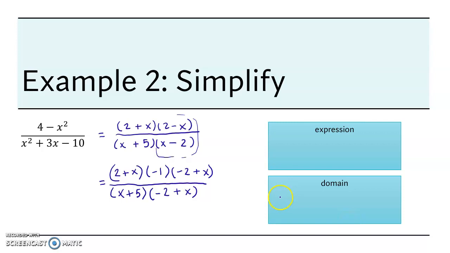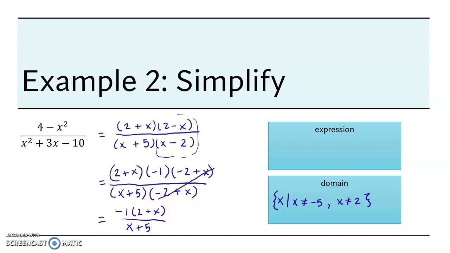Our domain is going to be all x's such that x is not equal to -5, because that would make this factor equal to 0, and x is not equal to 2. So that's our domain. And then our expression, after we cancel any terms that are the same, would be -1 times 2 plus x over x plus 5, because these can cancel.